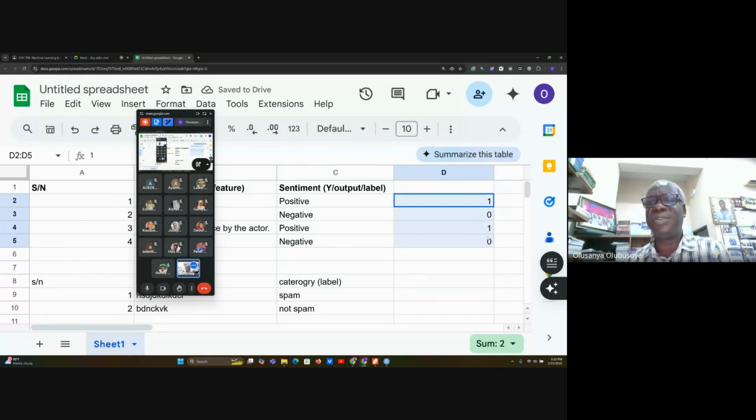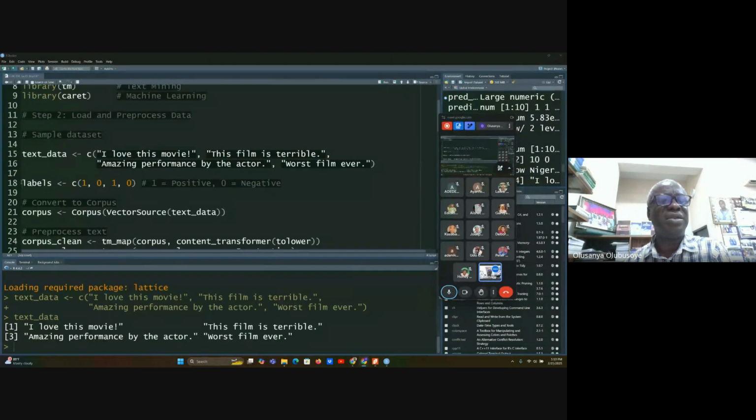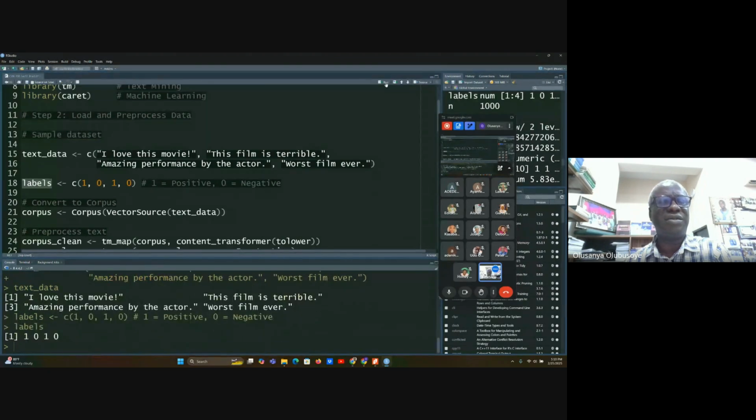So this is what is collected now here and saved as label. So we can have this. If you want to see what is in it, you can see 1, 0, 1, 0.